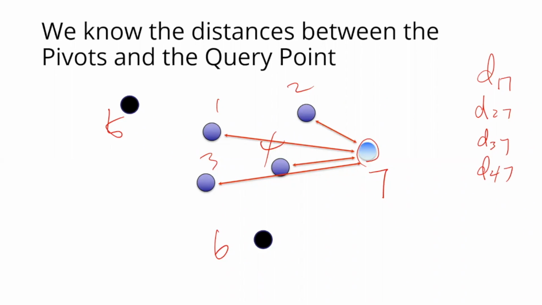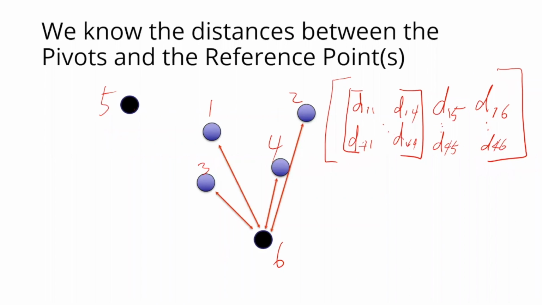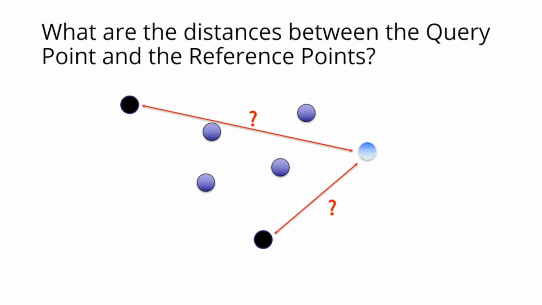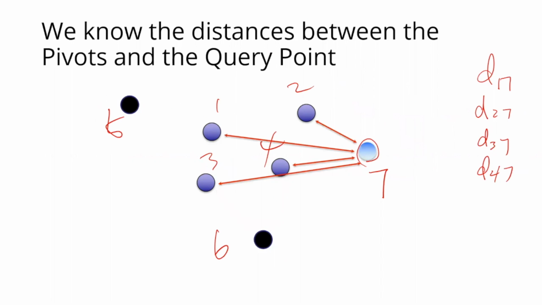And remember, in the previous slides, we have already computed this matrix over here, so the new query point is basically an additional row that goes over here, right? So we're basically doing that distance computation between the pivots and the query point.